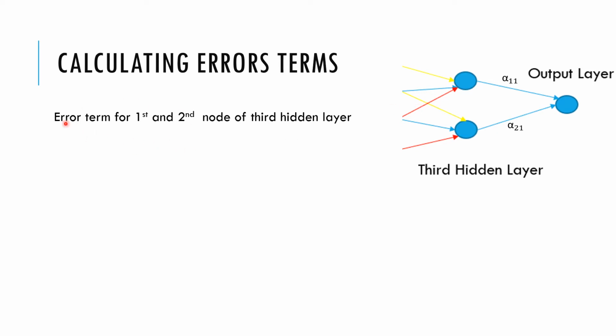So let's calculate the error terms of the first and second node of the third hidden layer. There are only two nodes here, right? Let's look at the formula. This is our error term for this node, where 3 stands for the third hidden layer and 1 stands for the node number. So alpha 1 1, this is our node.